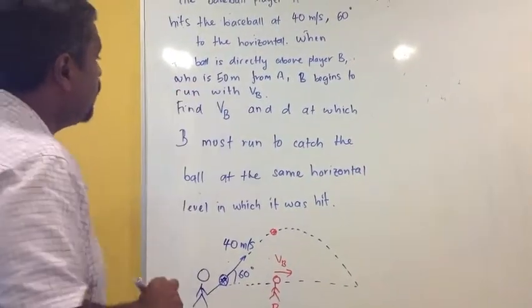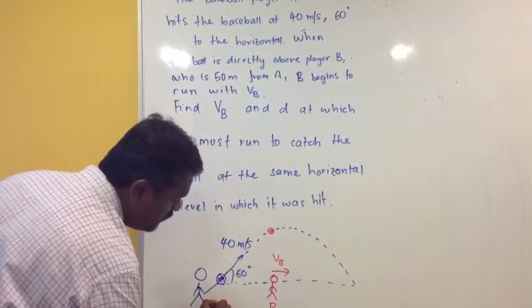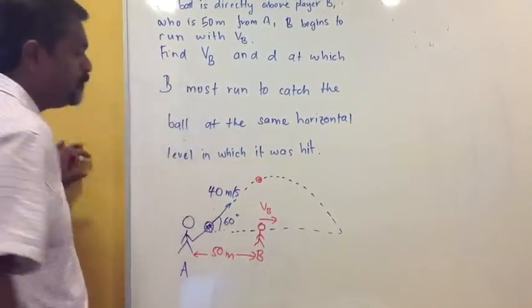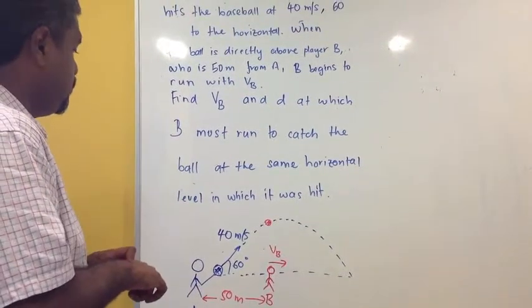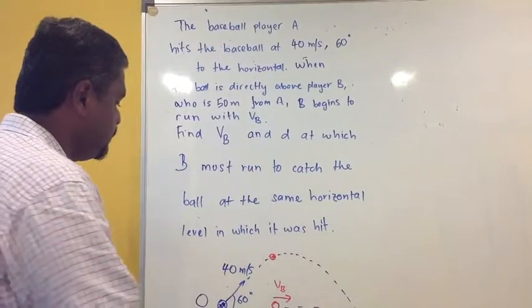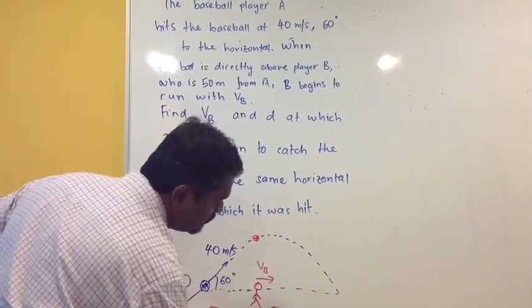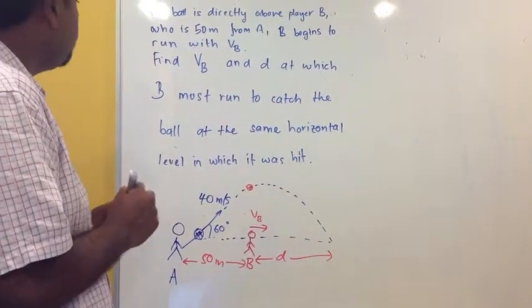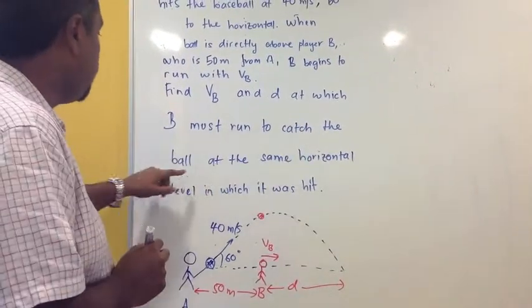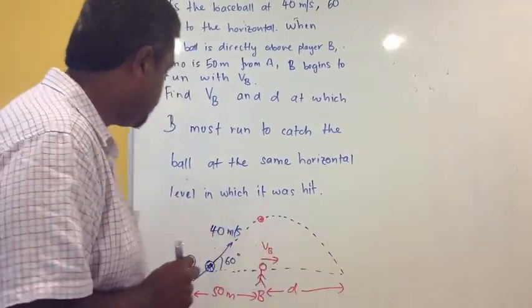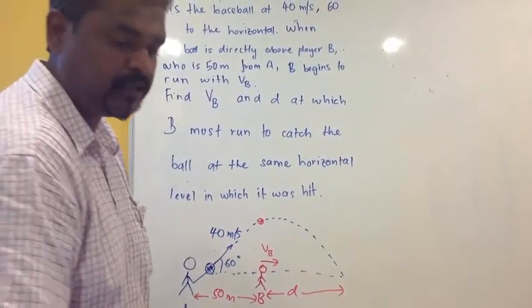And we know that player B is exactly 50 meters from player A. So what we are required to do is to find VB and to find D. D is actually this distance here, which B must run to catch the ball at the same horizontal level in which it was hit. So we are at the same horizontal level in which the ball was first launched.